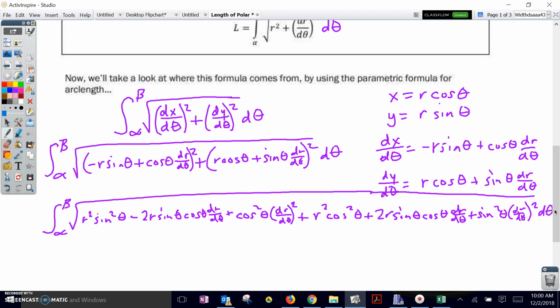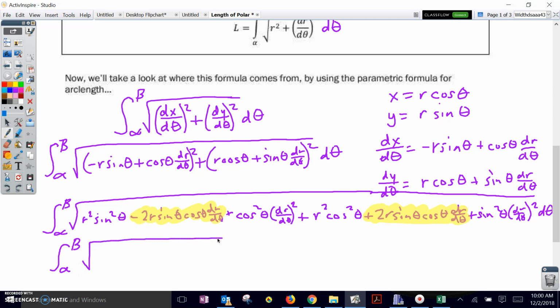Now, you should notice looking at this that these two terms cancel each other out. And then I'm going to regroup the terms a little bit. I forgot my radical sign.